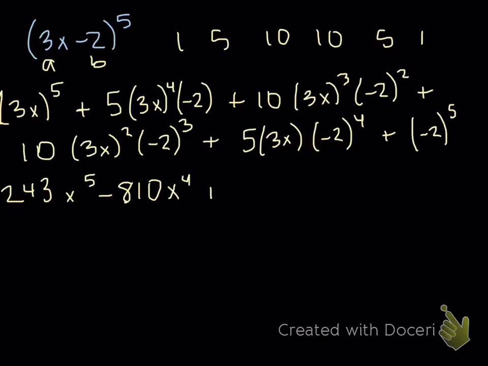Plus, my next one, I have 3 cubed, which is 27, times 10, and negative 2 squared is 4, so I have to times that answer by 4. So I get 1080, and x is raised to the 3rd power.